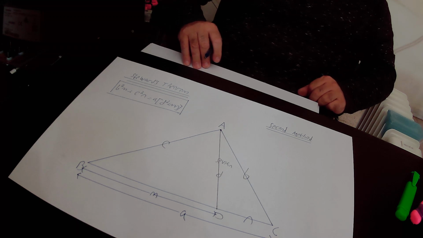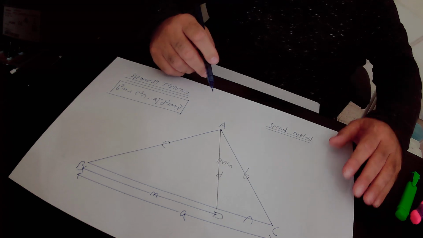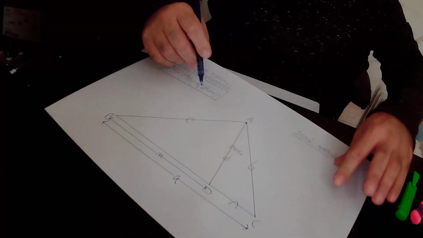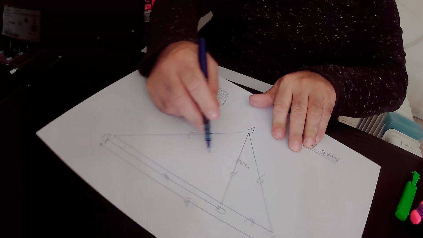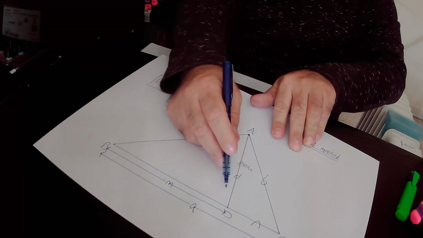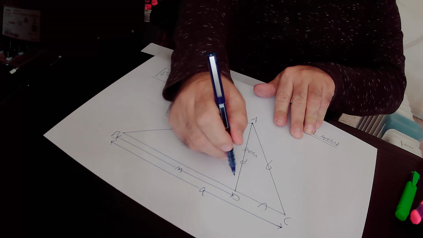In the second method, we define this angle ADC, angle ADB. This is angle ADB. We define angle ADB as theta.